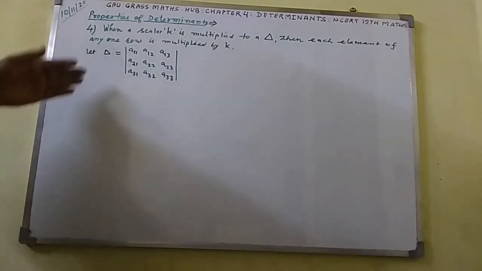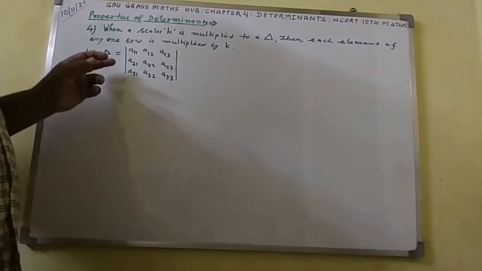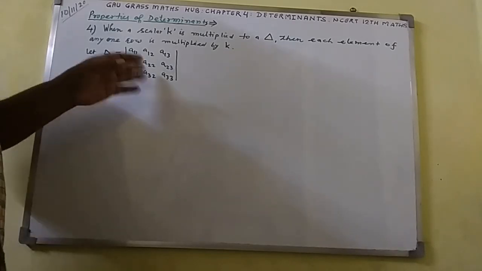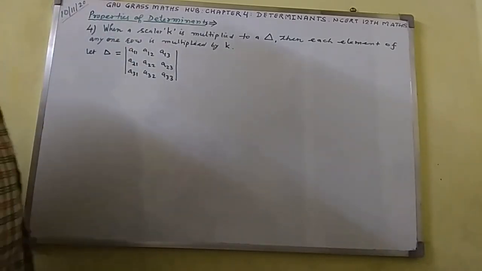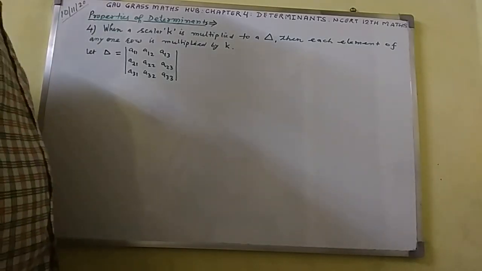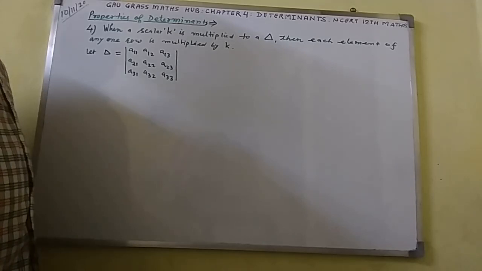This is the determinant which I have written here, equal to opening of vertical lines. The elements of first row: A11, A12, A13. Second row: A21, A22, A23.